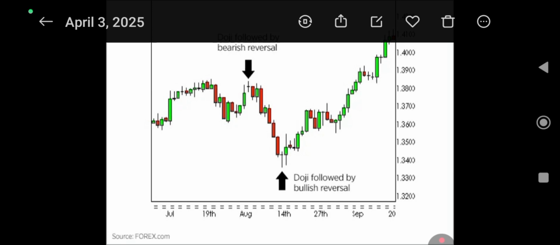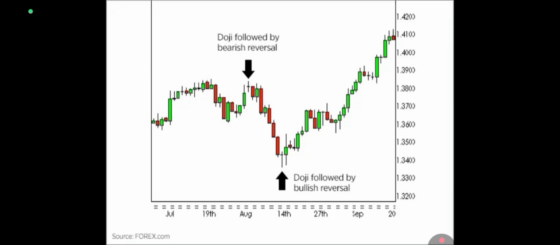No one is dominating the market or making it move in a particular direction. This is called consolidation. You cannot decide the trend of the market; you only see the market moving sideways. That is what a Doji tells you about the market.